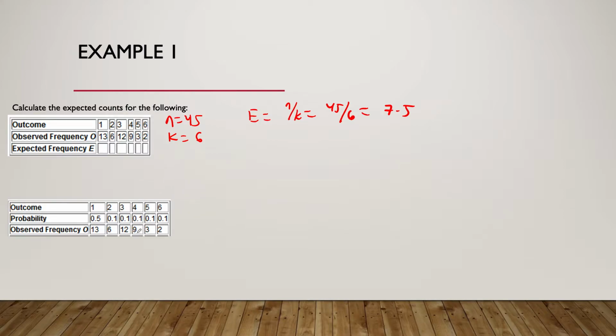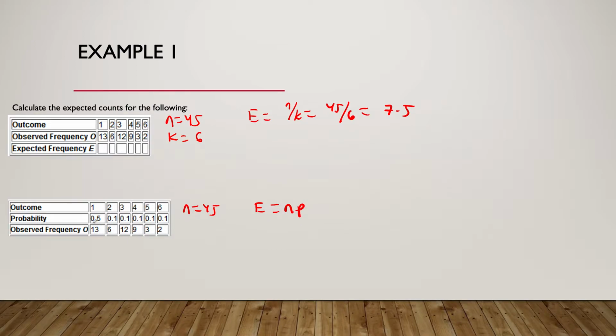For this one down here, these numbers are 1 through 6, but the probabilities are 0.5, 0.1, 0.1, 0.1, 0.1, 0.1. The observed frequencies are 13, 6, 12, 9, 3, and 2. The sample size here is 45, but now we have to use n times p.